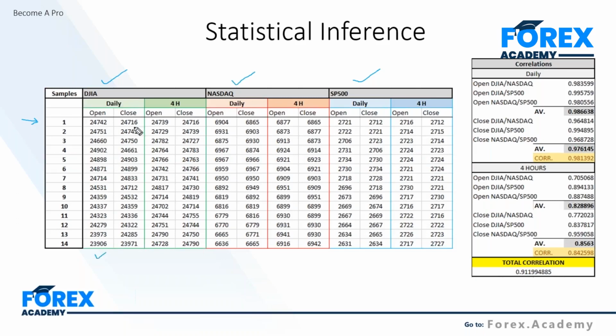We do the same for the Nasdaq, the open price for the last 14 days and the close price of the last 14 days, and the S&P as well, respectively, for the last 14 days. Then we move on to zooming in on the price action. We use the last 14 candlesticks for our 4-hour price patterns, so the open and close price of the last 14 candles for the Nasdaq, Dow Jones, and the S&P.